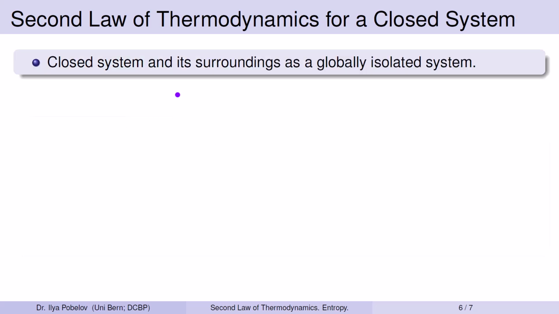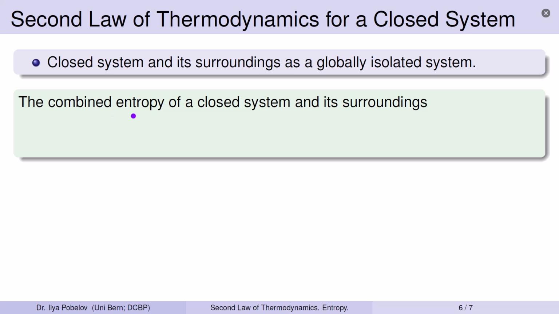For a closed system, we can consider it and its surroundings together as a globally isolated system.